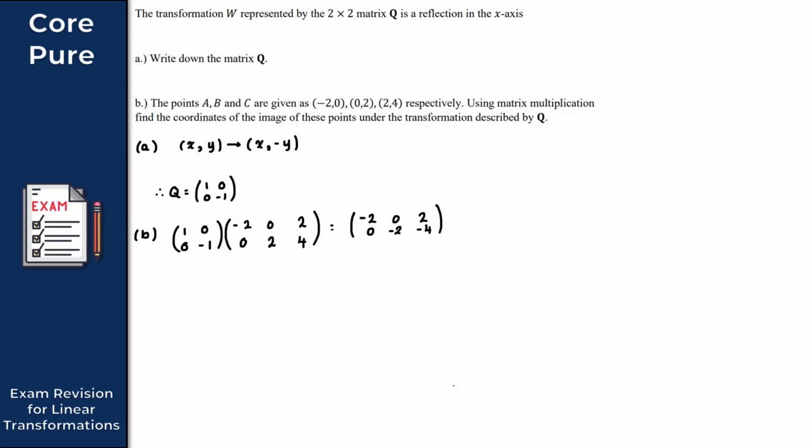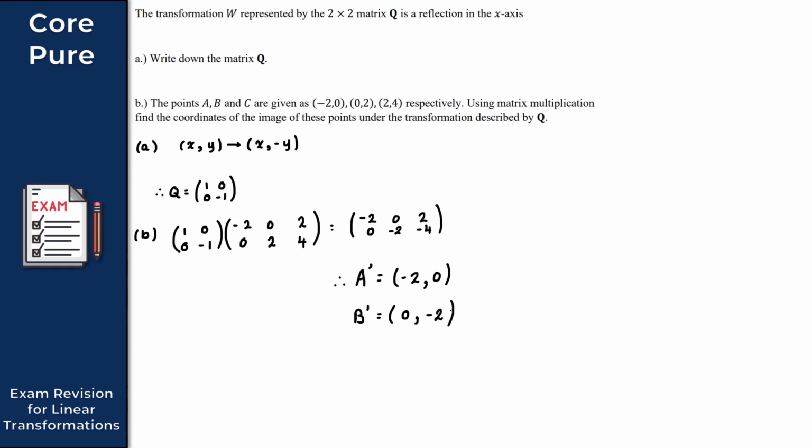And then finally, to finish with here, we can't just give the answer like this. We do need to state the coordinates of the image of these points under this transformation described by the matrix Q. So therefore, the image of A, the way that we denote this is A with the little dash notation, so A prime, that is equal to minus 2, 0. For the image of B, so again, B with a little dash, so B prime, that is 0, minus 2.